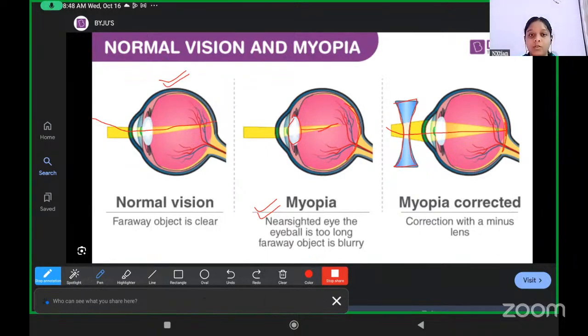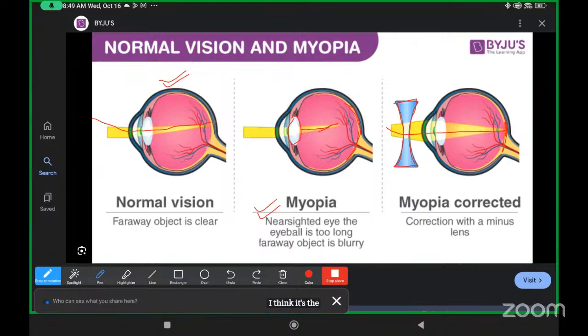In spectacles, it's a concave lens. I said it can be a convex lens or a concave lens, depending on the case. So I think in myopia it's a convex.